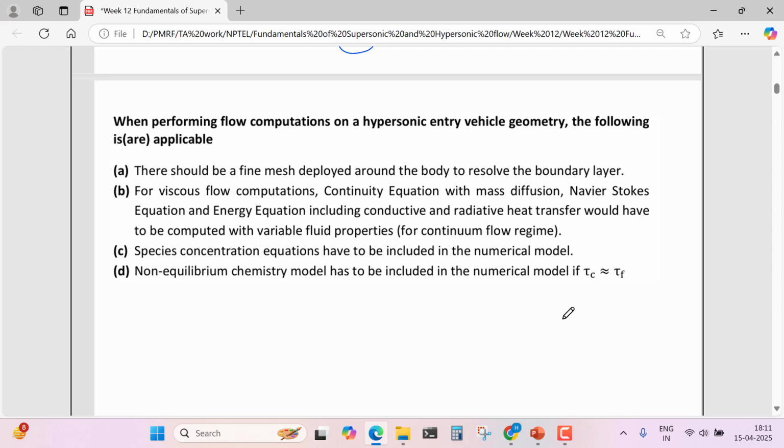Option B, for viscous flow computations, continuity equation with mass diffusion, Navier-Stokes equation, and energy equation, including conductive and radiative heat transfer, would have to be computed with variable fluid properties for continuum flow regime. Option C, species concentration equations have to be included in the numerical model. Option D, non-equilibrium chemistry model has to be included in the numerical model. Which of these options are true? You can read it and tell.